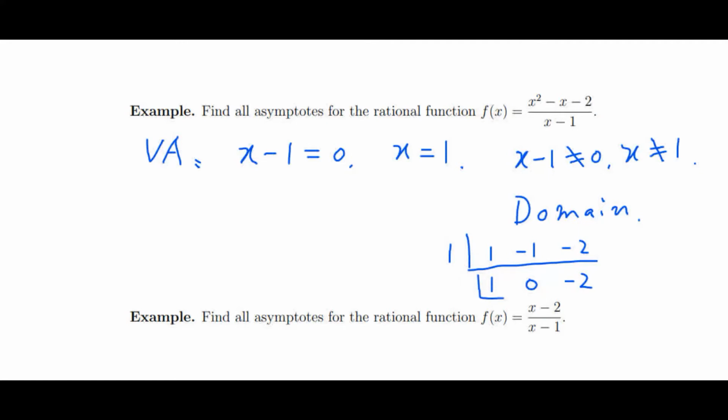So this quotient part is an asymptote, right? This 1, 0 means the function y equals x. We call this asymptote a slant asymptote, because the graph for this function is a slant line, not a vertical line, right? The slant line.